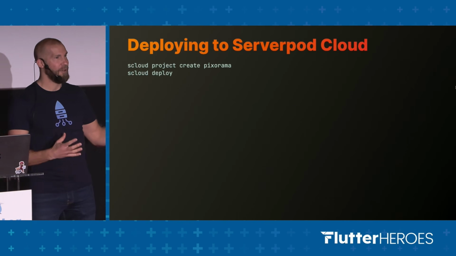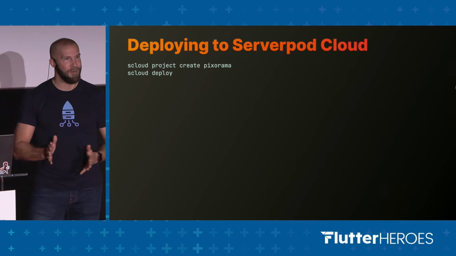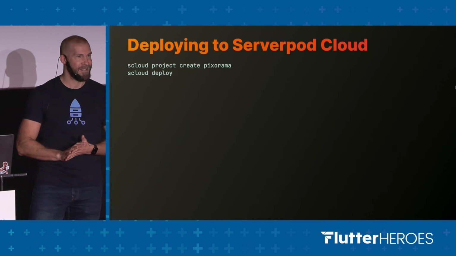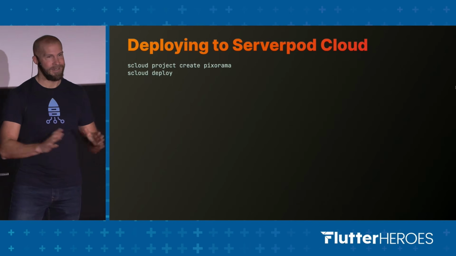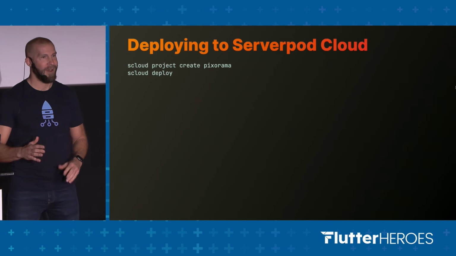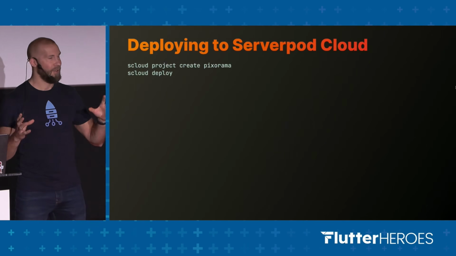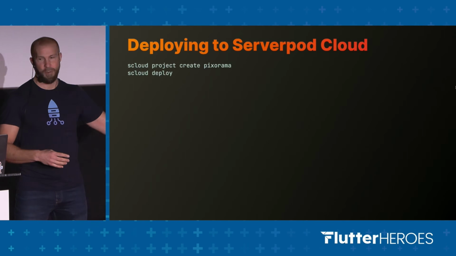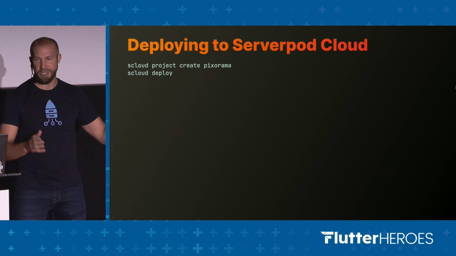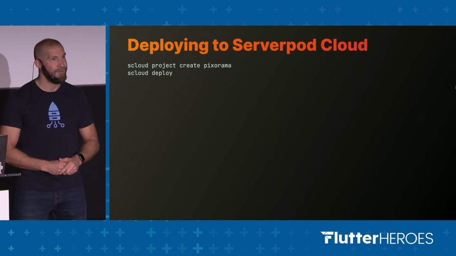And with that, we should have a complete server, but we need somewhere to host it. And we're making a really cool solution at Serverpod called Serverpod Cloud. It's currently in a private beta, so we're slowly bringing on more and more clients on it. But to take your Serverpod and host it in Serverpod Cloud, the only thing you need to do is create a new project: scloud project create Pixorama here.